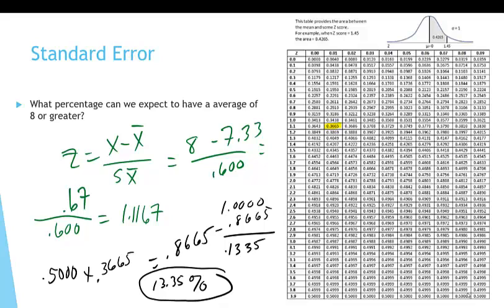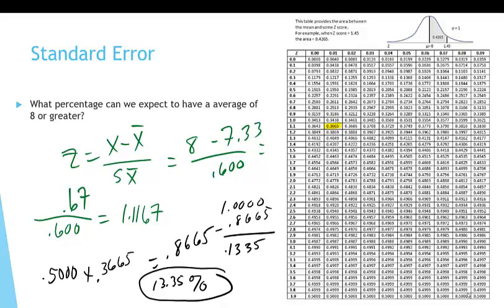Moving on, let's look at something that's a reality. What percentage can we expect to have an average of an 8 or greater? So here we can simply plug in our numbers and look.